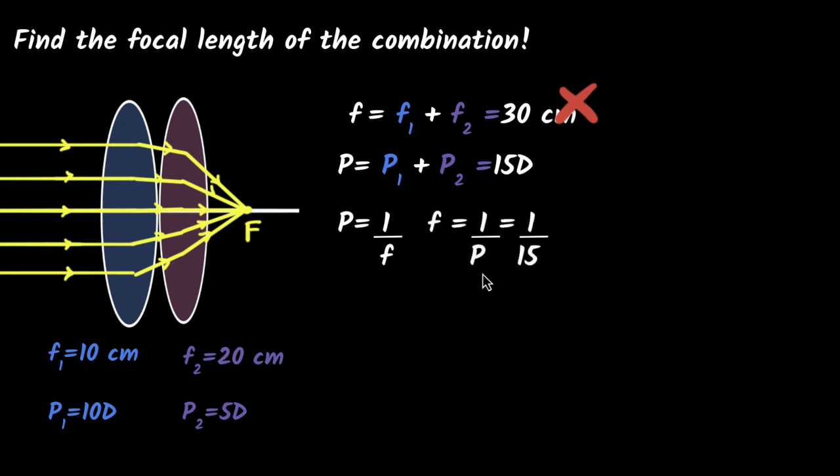It's going to be 1 over P, which is going to be 1 over 15 diopters. And if I divide, I'll get 0.0666 meters. It's in meters because remember, this is in diopters. And if I convert it into centimeters, I'll get 6.6 centimeters. So that's now the focal length of the combined system.